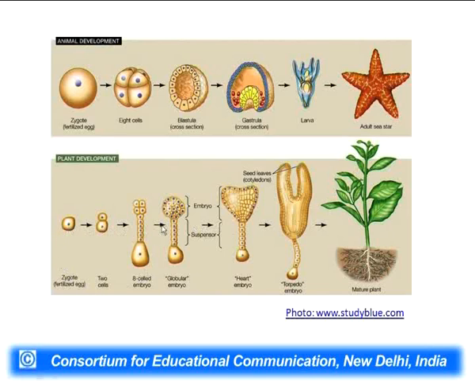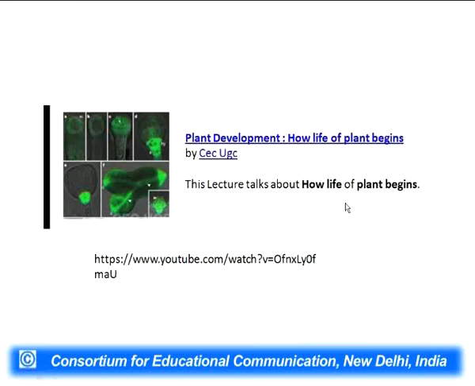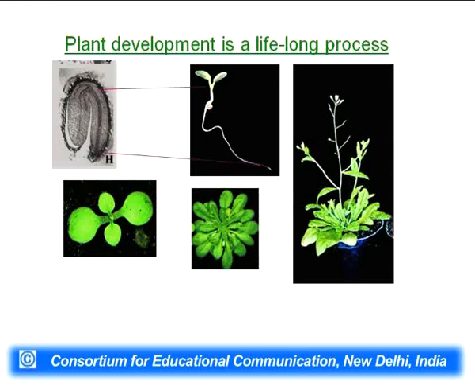And this is the YouTube link of my previous class, where I explained how meristems develop in a growing embryo or in a growing seed. So this is a continuation of that. I will try to tell you today what a meristem is and what the speciality of the meristem cells is.